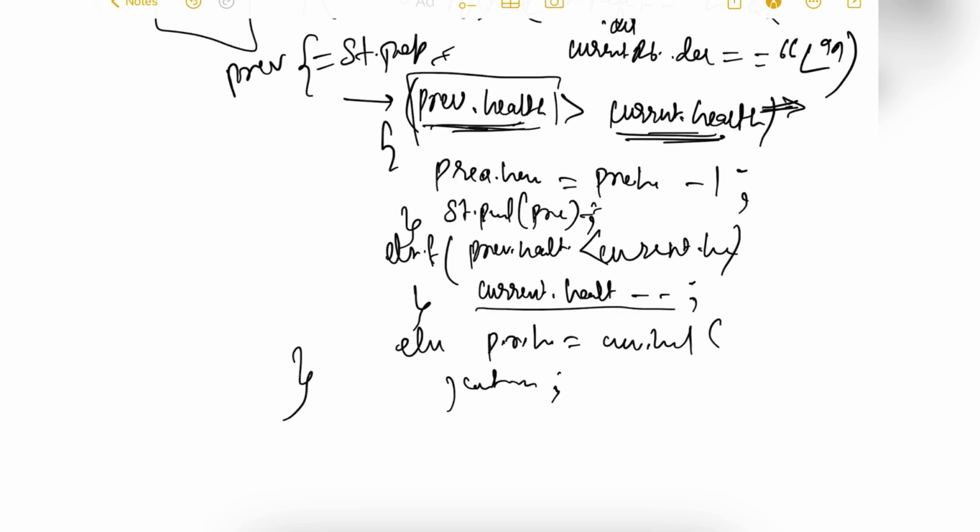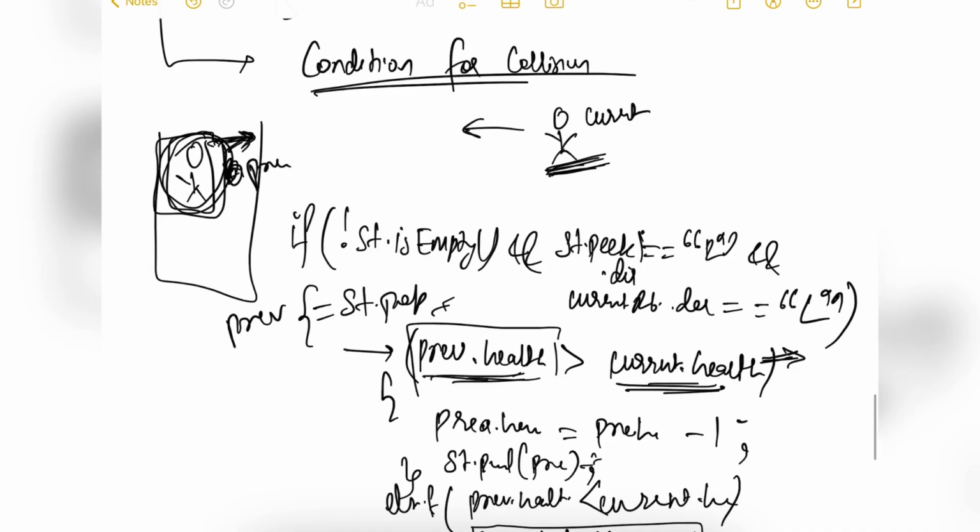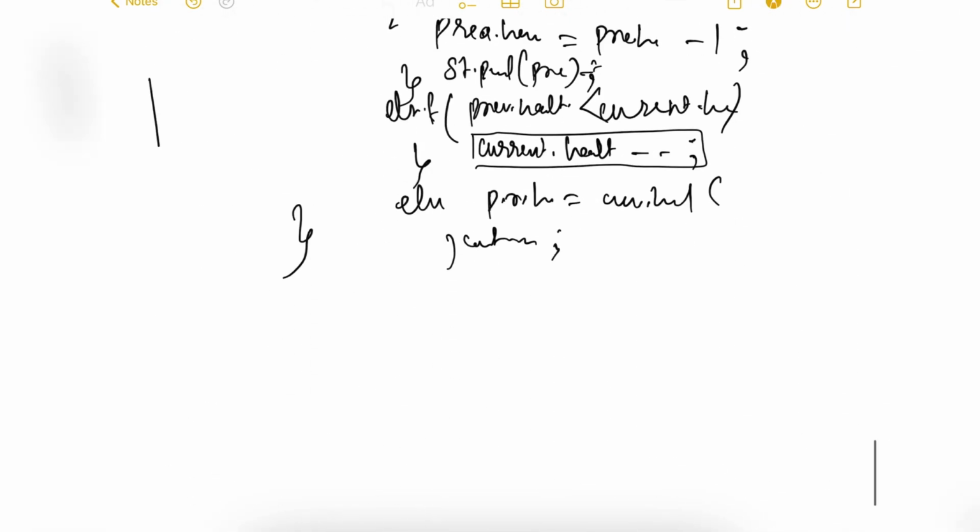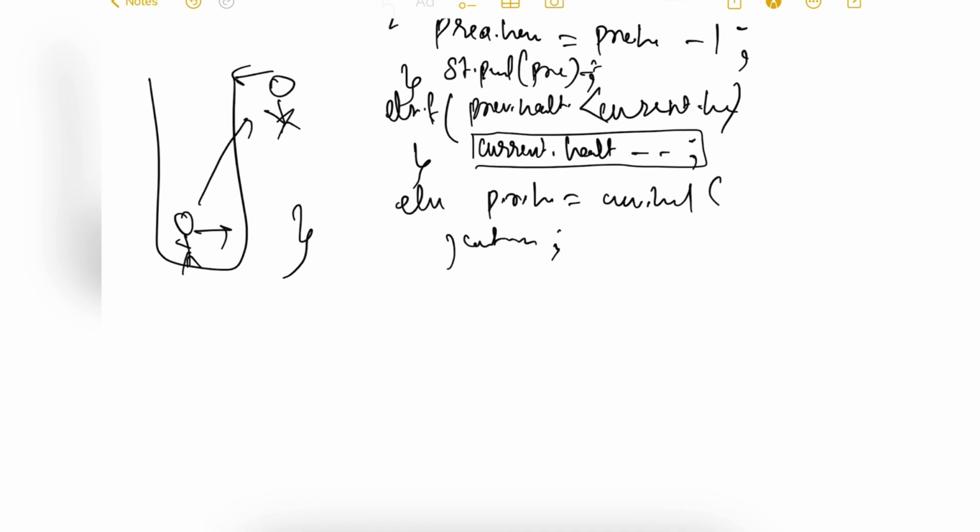But in this scenario, this current robot might get inserted into our stack. There could be a possibility. Let's say we had one robot moving in this direction. Then we encountered a robot moving in this direction. So the collision will happen. We popped out this robot and they collided, and this one sustained, right? So now it has to go into this stack.